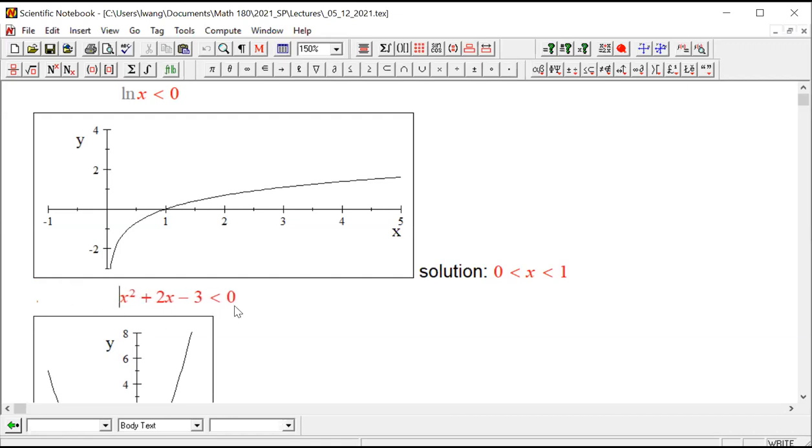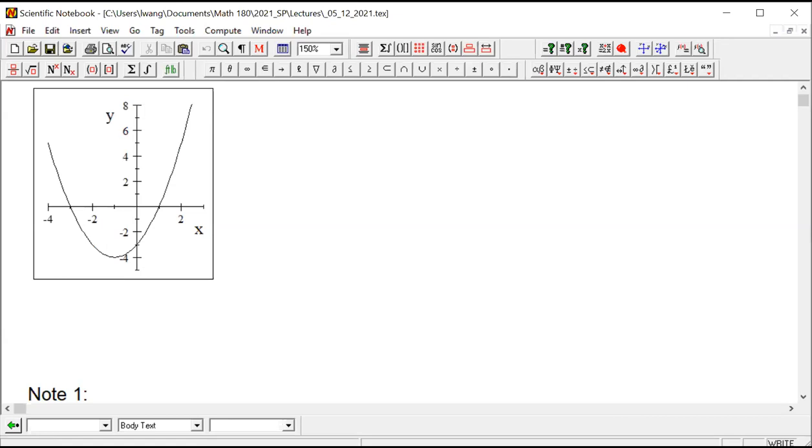So the output is a given. We want the output to be negative. So where do you find negative output? Here. Positive output. Got it?